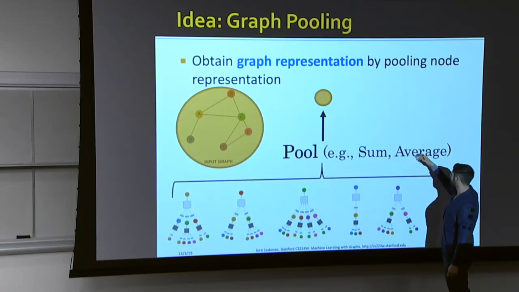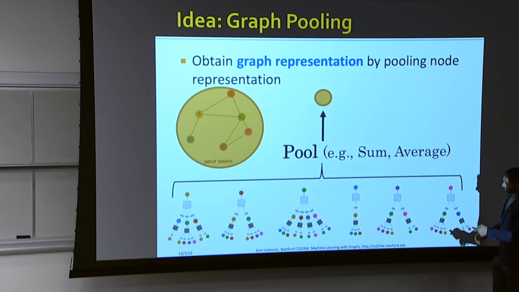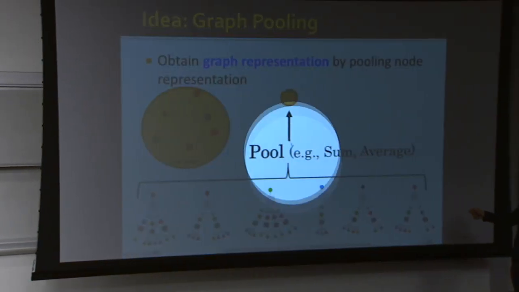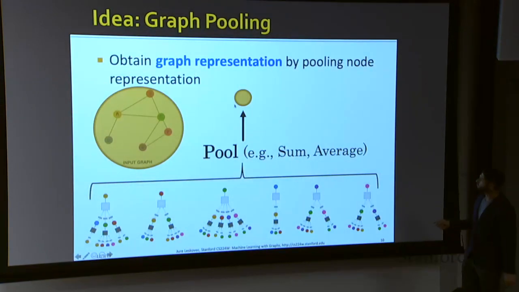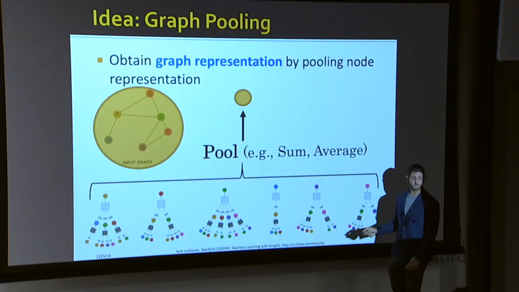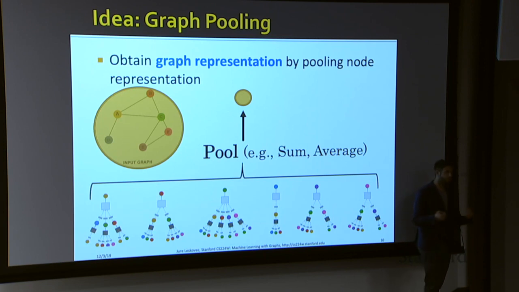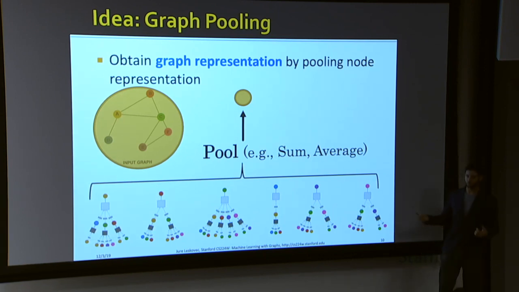It can be a sum pooling, a mean pooling, and so forth. And then we obtain one final representation for our graph, okay? And this is extremely useful in case, for instance, we want to do graph classification. So the idea is we have a large collection of graphs, and we want to come up with one representation, one fingerprint for that graph, and figure out if there are other graphs matching it or not, okay?